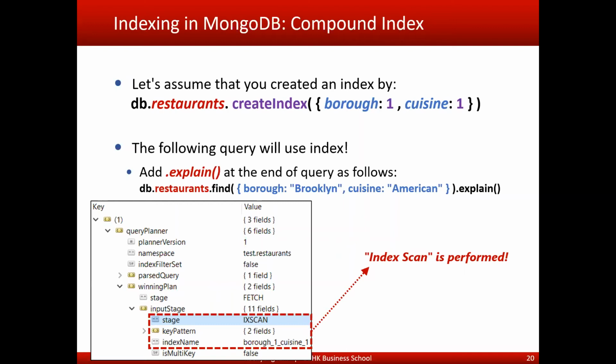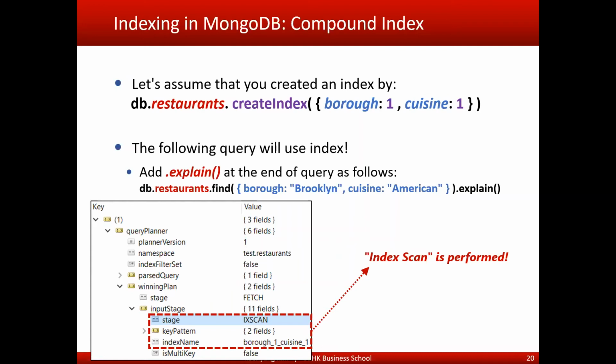So for example, let's assume that you created an index based on this function on the top. In the restaurant collection, you are making a compound index based on the first hierarchy of borough and the second hierarchy of cuisine. Then you may design a query which finds restaurants in the Brooklyn area serving American food.